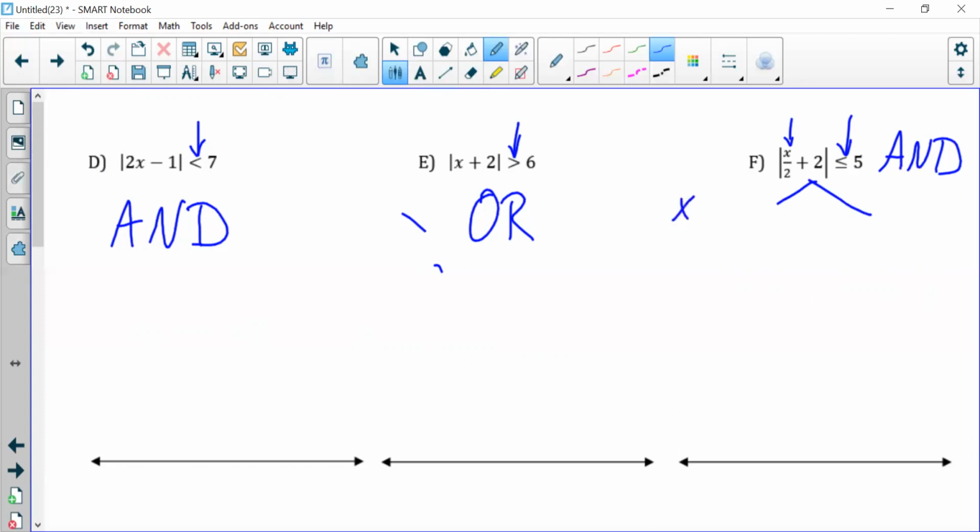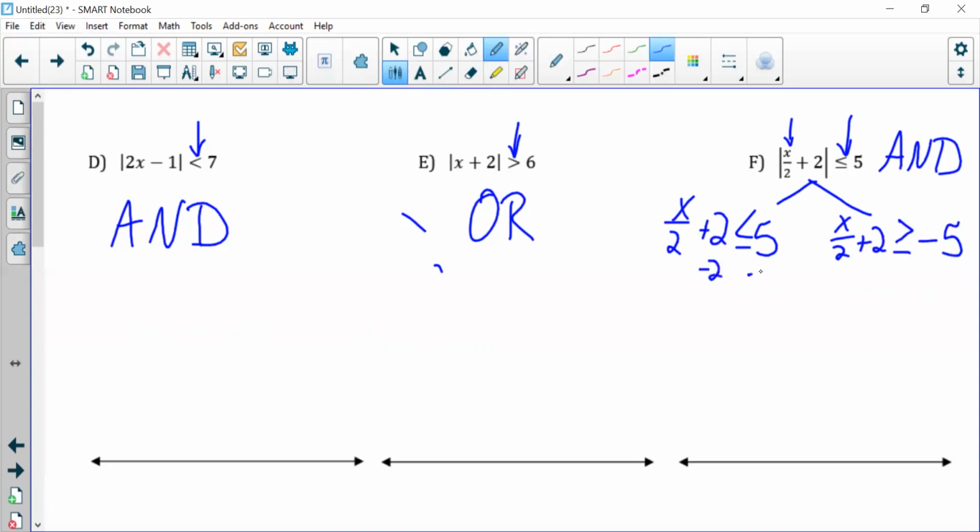First side normal, second side, second equation, flip the operator, make it negative. All right, so let's solve.